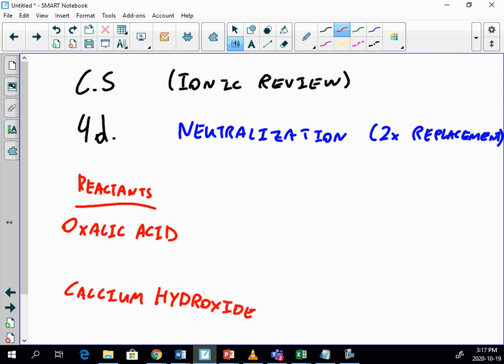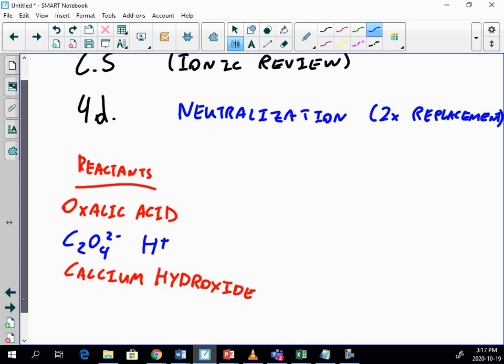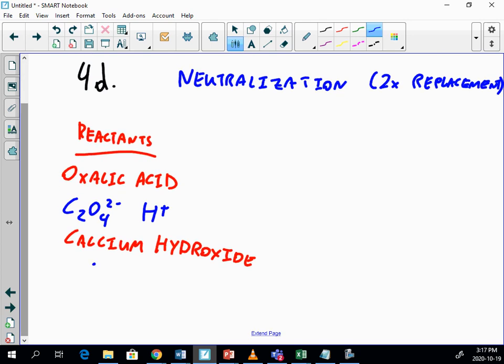Unfortunately, neither of these is too pretty. Oxalic acid, well, that's based on a complex ion, the oxalate ion. So oxalate is C2O4 with a charge of 2-. And it's an acid, so we're balancing that against an H+. Calcium hydroxide, well, calcium is Ca2+, and hydroxide is a complex ion, OH-.